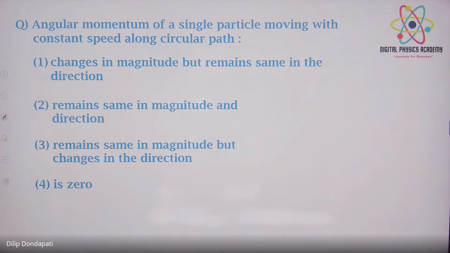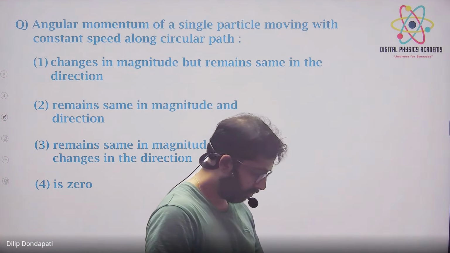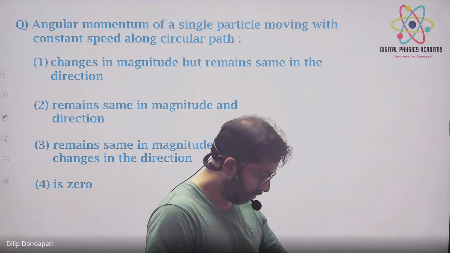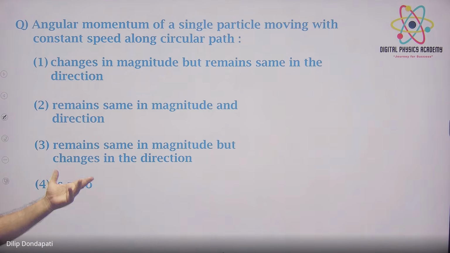And direction, you know, right hand thumb rule use करेंगे for finding the direction of angular momentum. So it remains same in magnitude but changes in direction. Which option? Third. Remains same in magnitude but changes in direction.